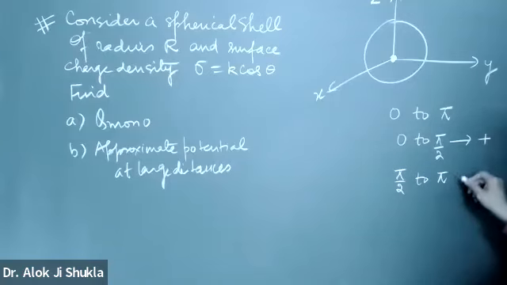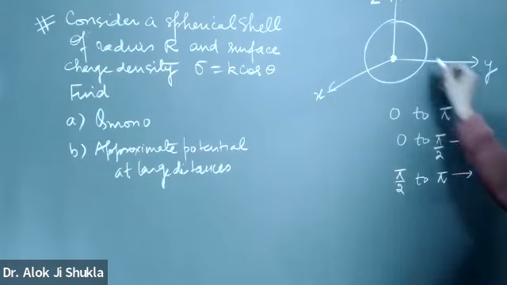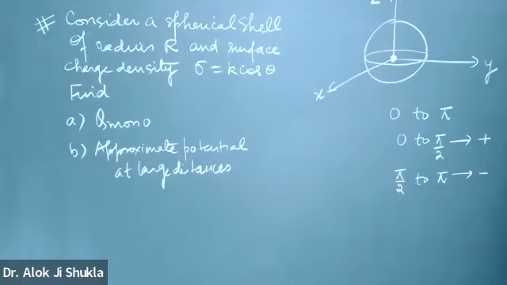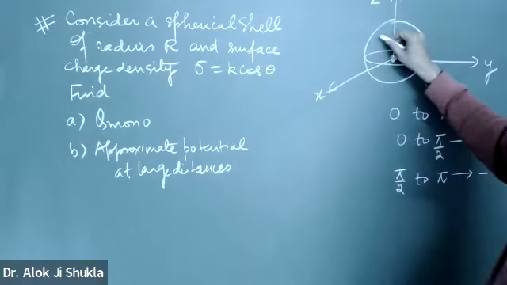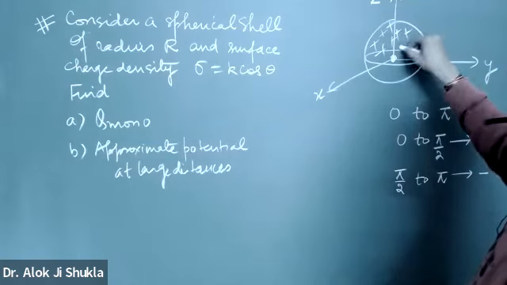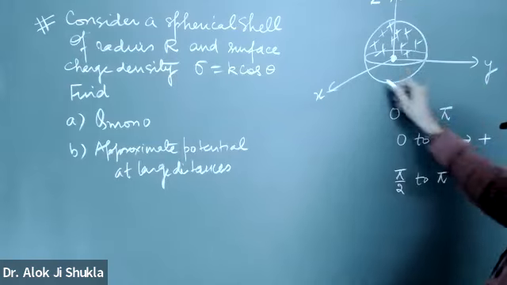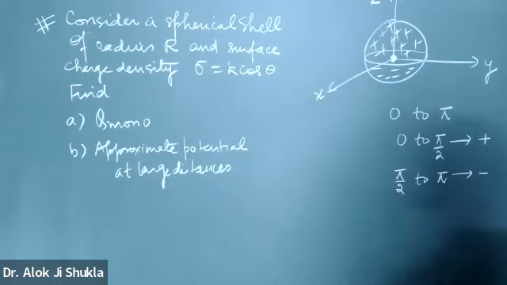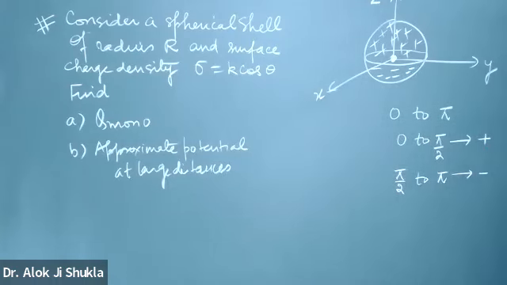And from pi by 2 to pi, the value of cos is negative. Are you able to understand this? So if I divide the sphere into two parts, say upper hemisphere and lower hemisphere, this part will achieve the positive surface charge density and this part will have the negative surface charge density.